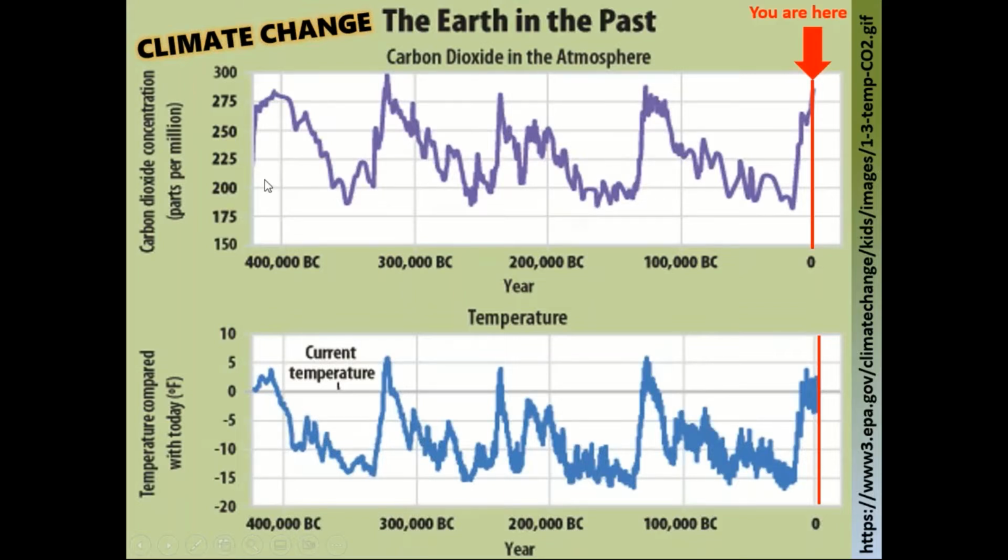We know these data from studying trapped atmospheric gases in ancient ice cores. So these are actual measurements. We know how much CO2 was in the atmosphere over the past several hundred thousand years.